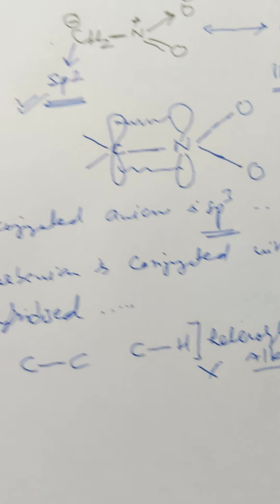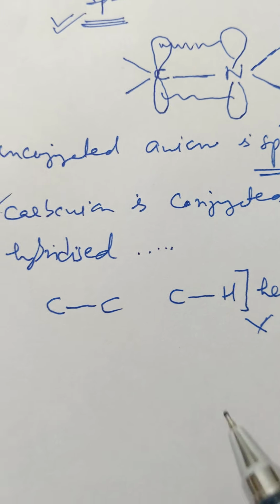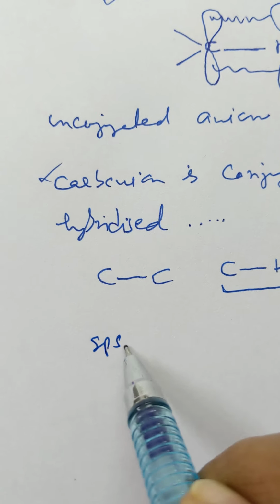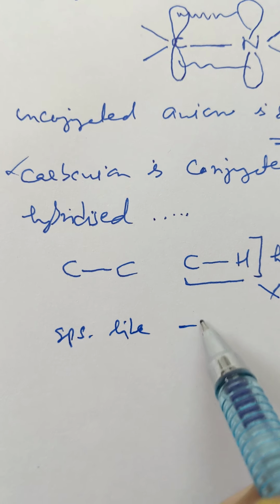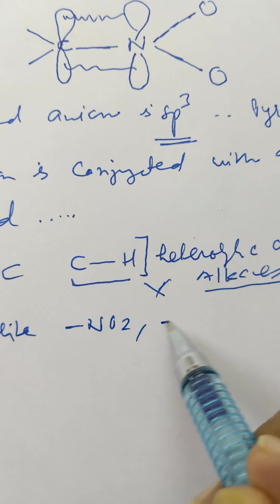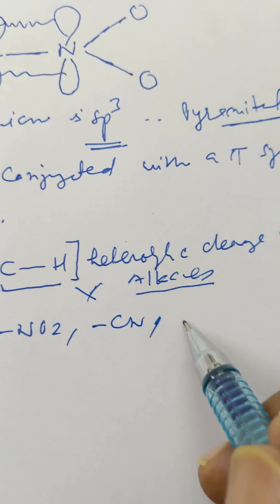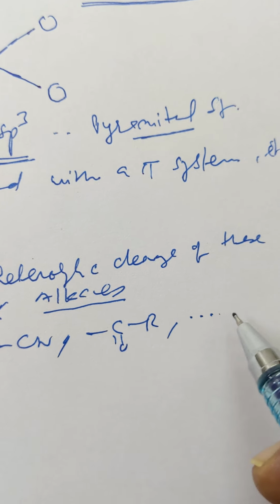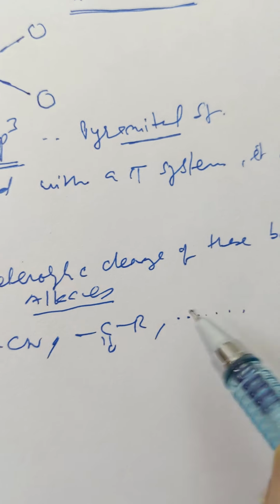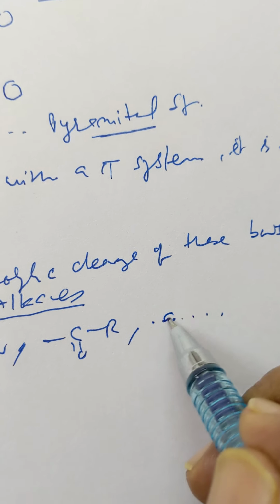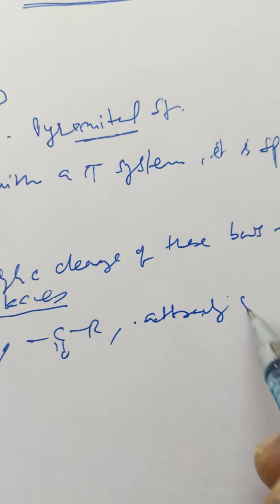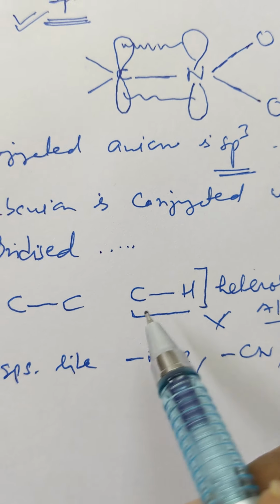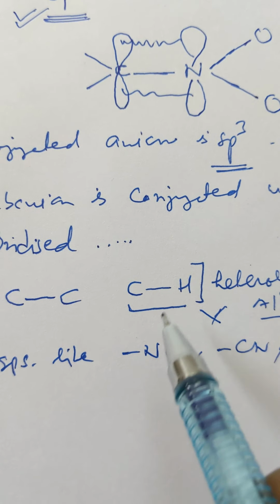What can it do? There should be groups present that weaken this C-H bond. That is, groups like nitro, cyanide, carbonyl, and ester, or other electron-attracting groups, any attracting group like acid. In general, you can say attracting groups are present alpha to this, even a triple bond, and a triple bond will make it acidic.